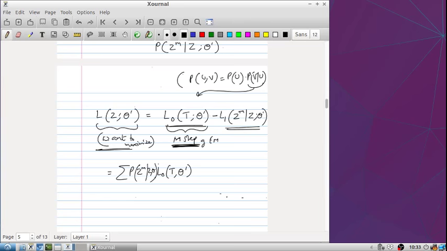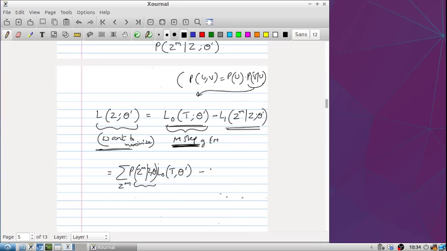So I'm going to take the expectation of this with respect to a conditional distribution. T also includes Zm, so you can average over Zm. So I do a sum over Zm of the conditional probability of Zm given Z, times the first term. Very important, this is just theta, not theta prime.